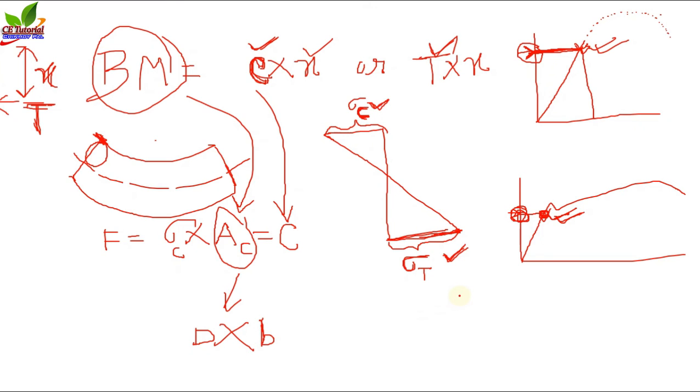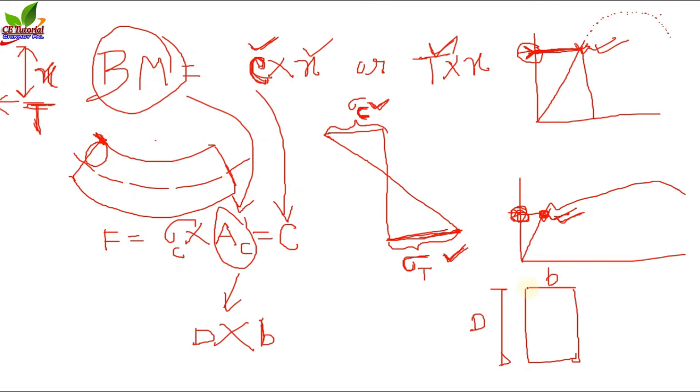Now, in the previous class I have told you that the basic requirement to design a structure is to find out the dimensions. When we are going to design a beam, what we are actually doing is calculating how much B should be provided and how much D should be provided.